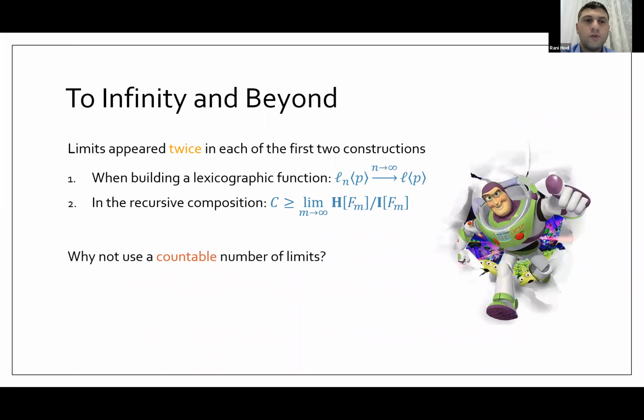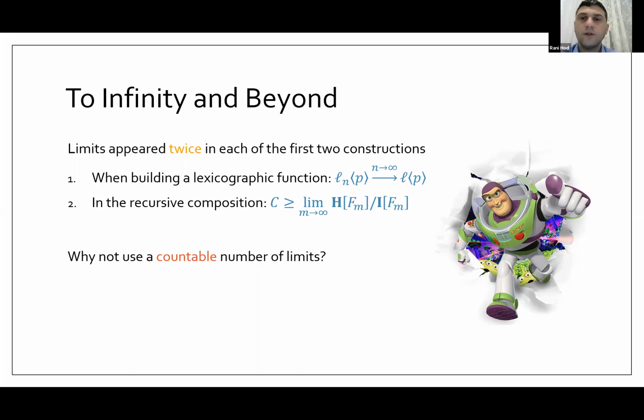So we have now two constructions, and both of them used this notion of infinity twice. In the first construction, or in each of them, we needed to use some lexicographic function, whether it was this L of 2/3 that we used in the first construction, or the one that we used as F0 as the base of the induction in the second construction.